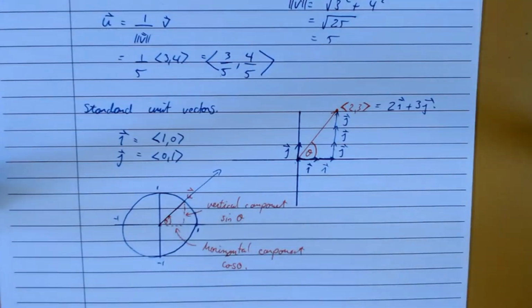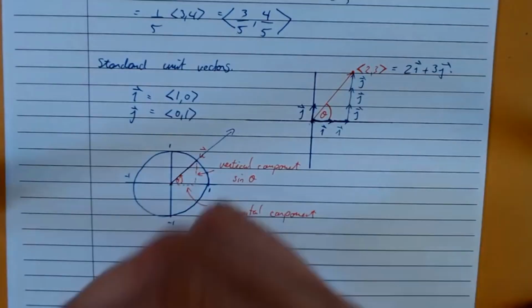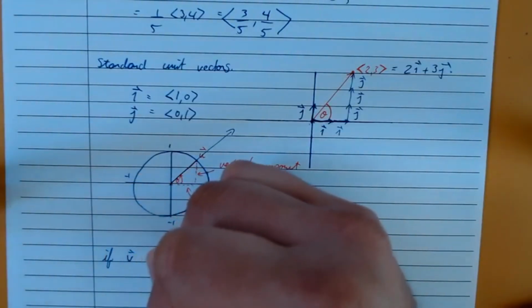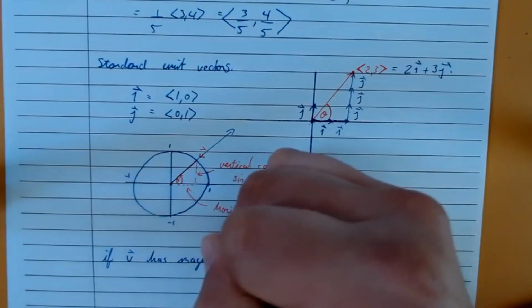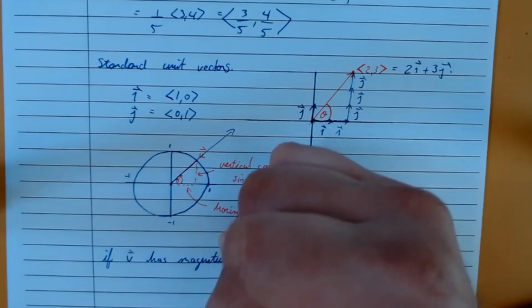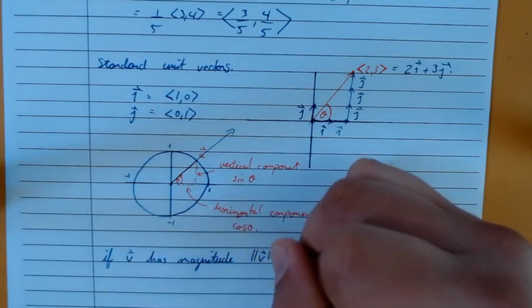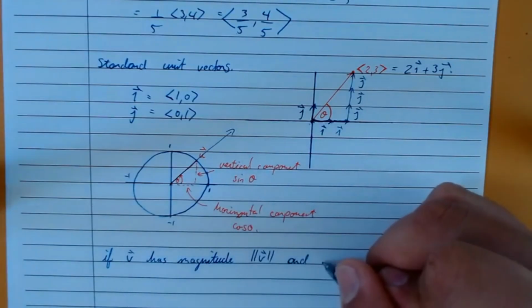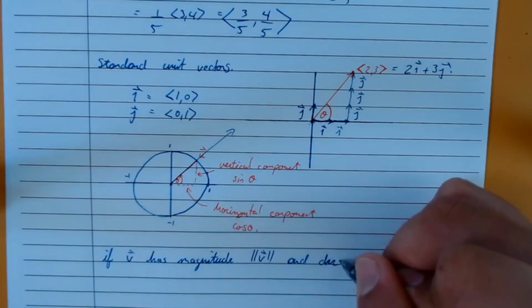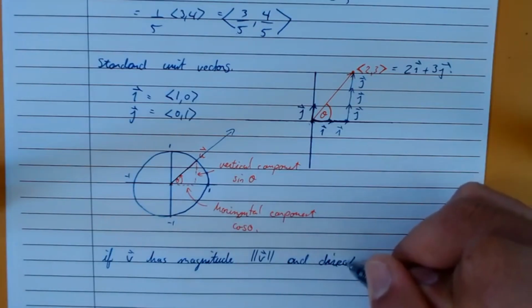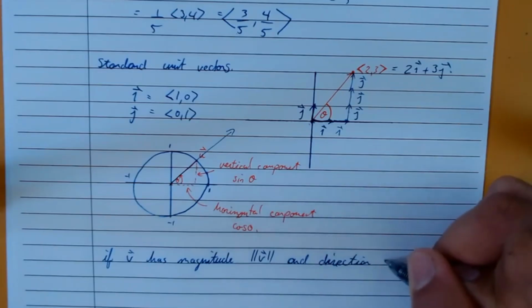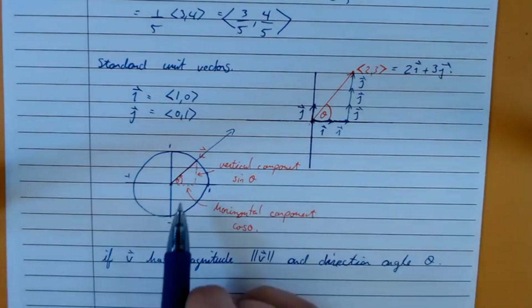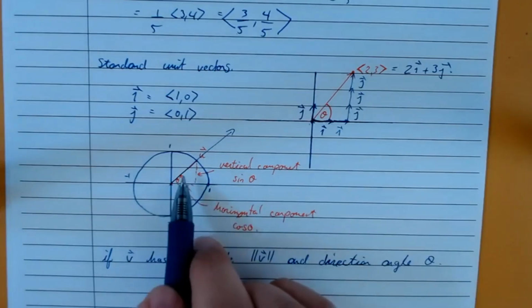What that gives us is that if the vector v has magnitude given by the magnitude of v, by that notation, by that symbol, and the direction angle theta, where again theta is measured in the standard form that it is in trigonometry.